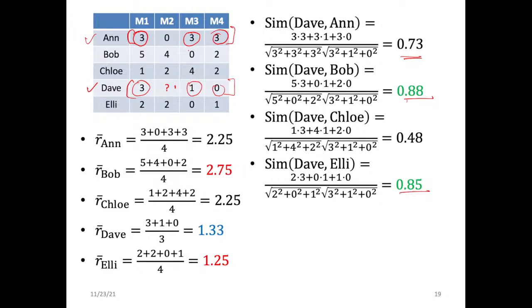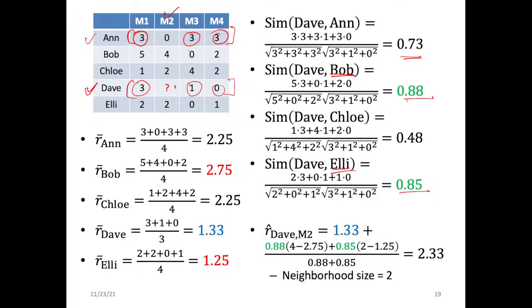So to predict Dave's score on movie 2, I will use Bob's score on movie 2 and Ellie's score on movie 2 as a reference. My prediction is like this. On average, Dave gives 1.33 to a movie. So I use 1.33 here. That's the average score Dave will give to a movie.